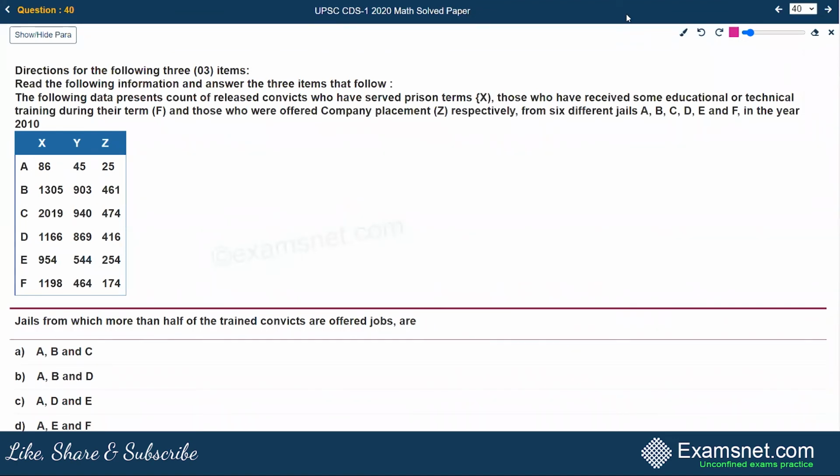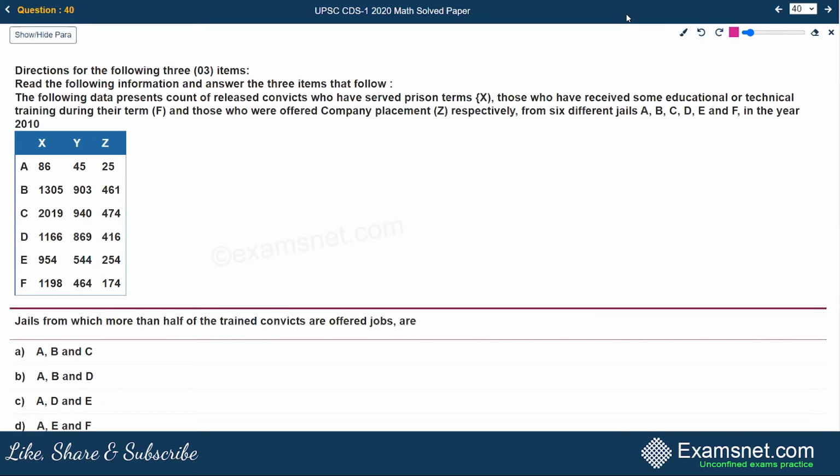In question number 40, which is the continuation of the last question, we are given jails from which more than half of the trained convicts are offered jobs. So it is very much related to the previous question.